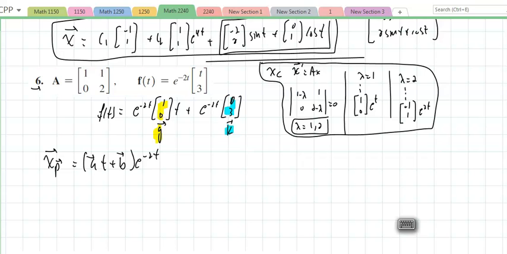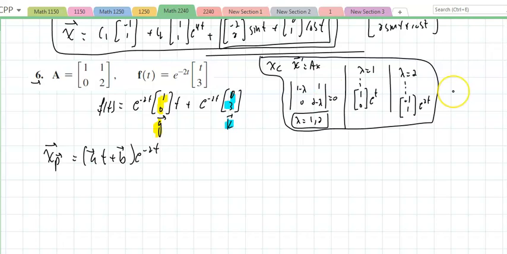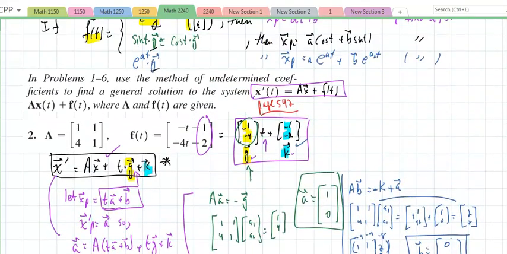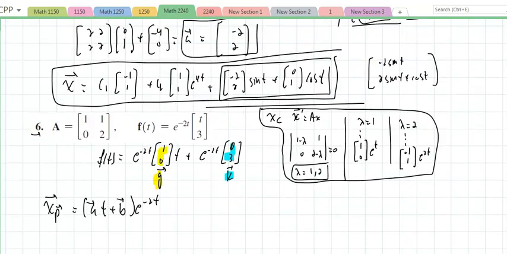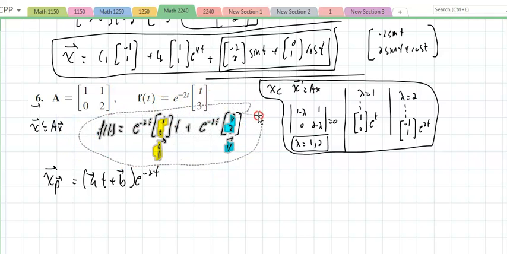Plug them into there. Now, if you look at the whole picture when you're done, I know it's a lot of calculations and it's kind of annoying, but what are we going to do now? Now we're going to go to this definition, which says x prime equals Ax plus f of t.